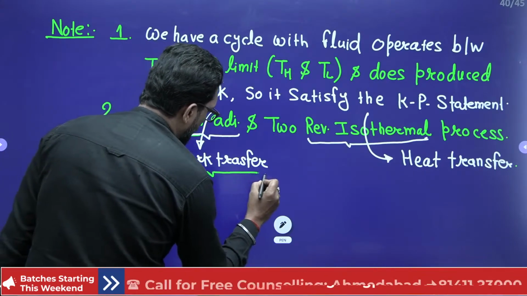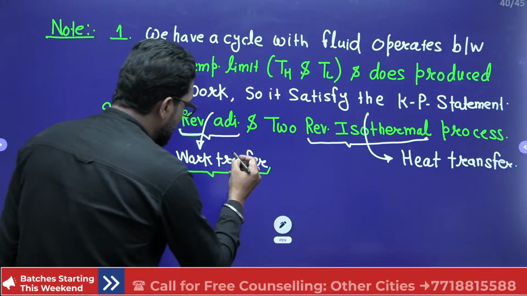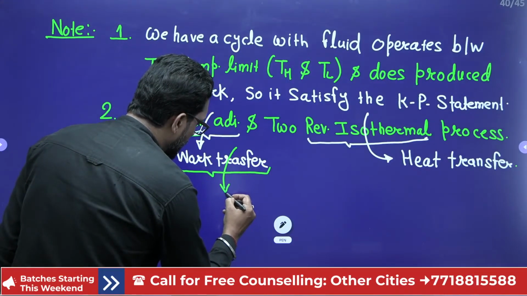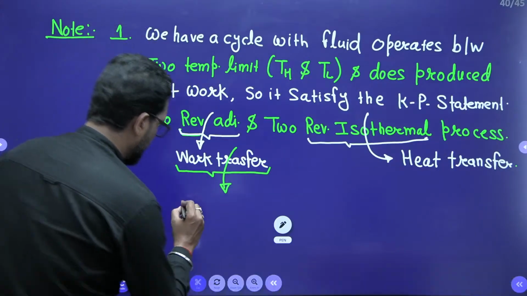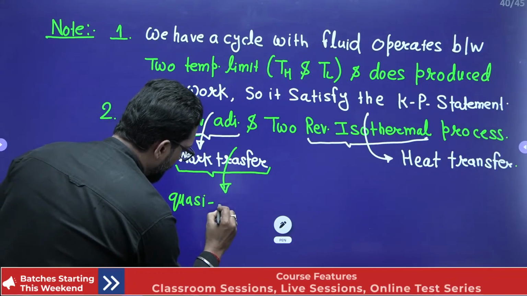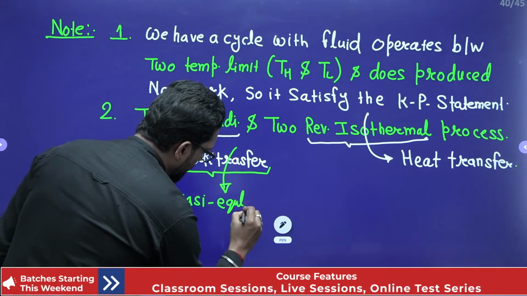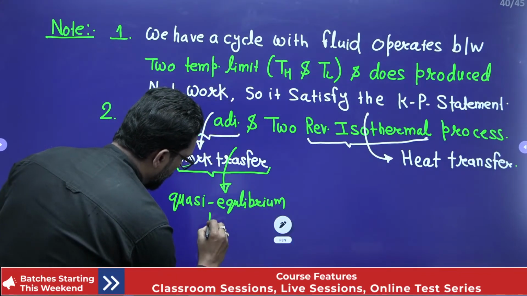is a thermodynamic work transfer, network transfer, and this is your quasi-static process. It must be a quasi-static process, a quasi-equilibrium process.